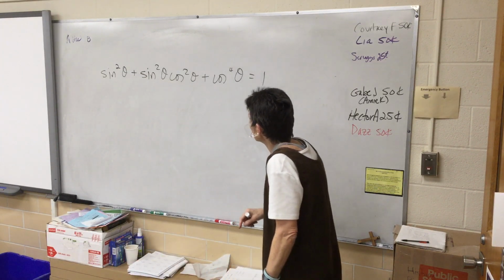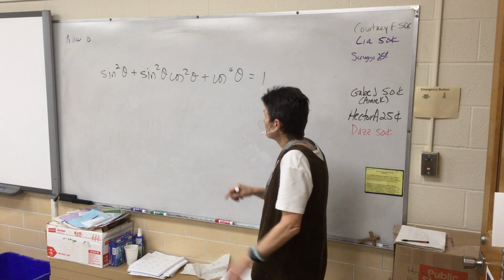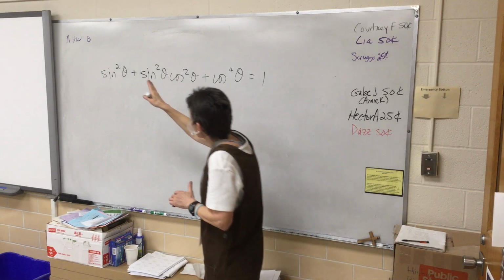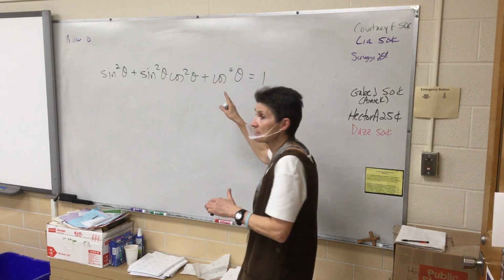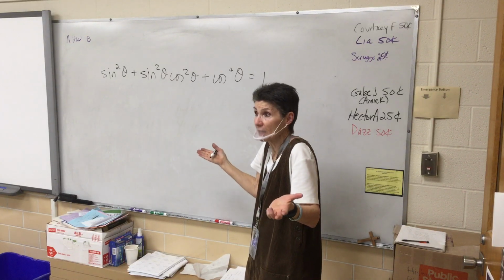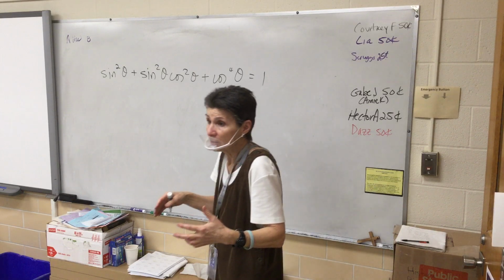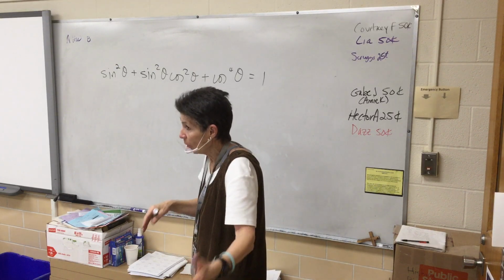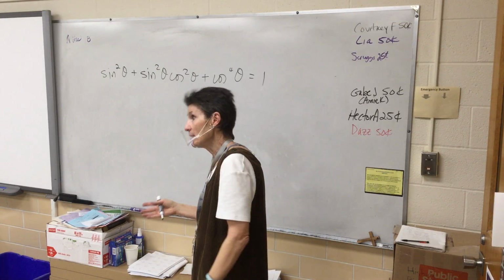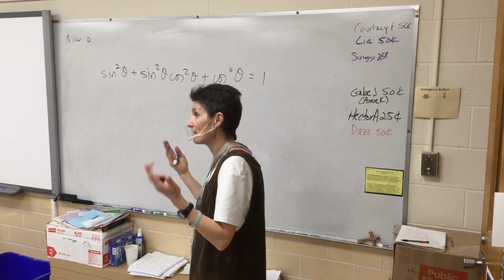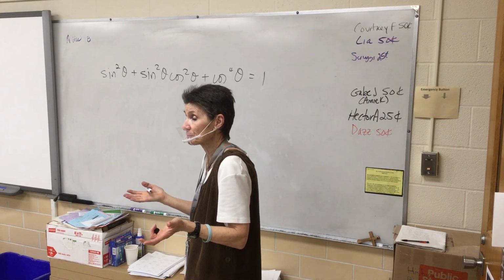So, right now you cannot add any of those things and make them cancel. They're not like terms. But if they were all sines or all cosines, then maybe we could add them together and cancel some out, right?